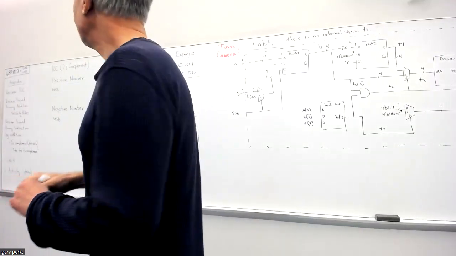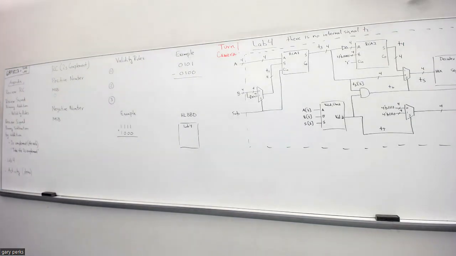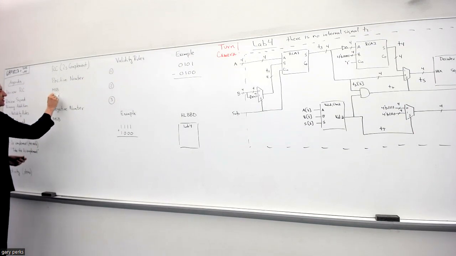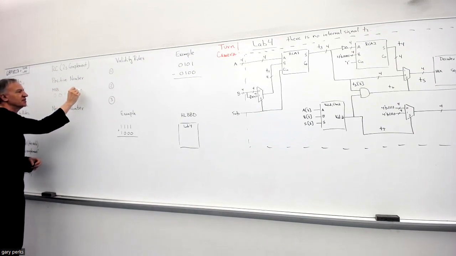It's been agreed upon that when you have a 2's complement number, or any signed binary number for that matter, 0 for the sign bit means you have a positive number. So if I had, for example, 0, 0, 1, 0, a 4-bit 2's complement number, what is this equal to in base 10?